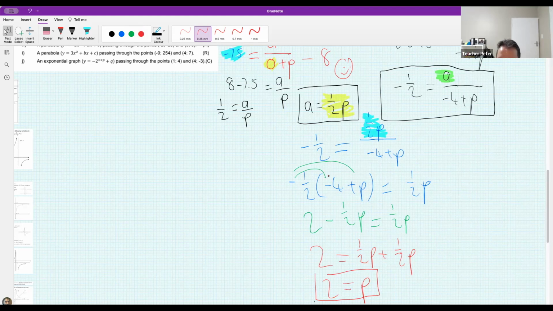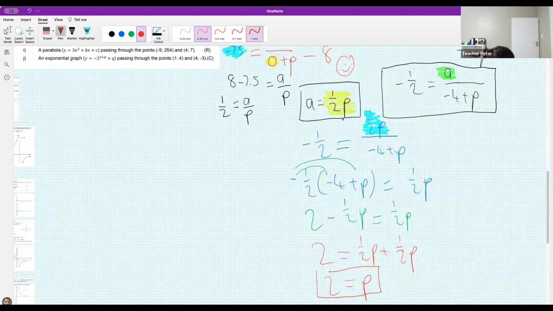Now, if I know that p is equal to 2 in this question, what is a going to be equal to? Who has any ideas? If you look at the relationships I've built, what would a be if you know that p is 2? Pop what you think in the chat. Could we use this thing here?